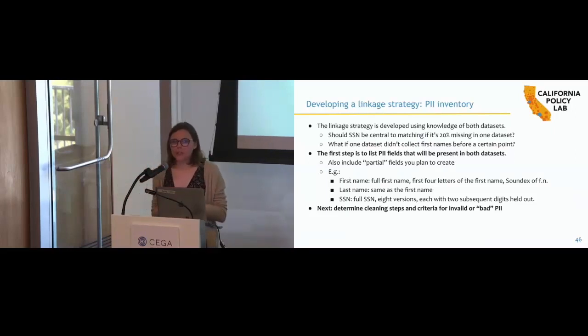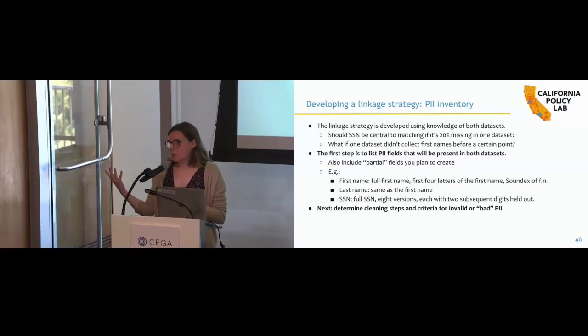So if Social Security is missing for a large portion of one of your data sets, you probably don't want to rely on that as the only thing you're matching, because then you'll never be able to match 20% of the data set.